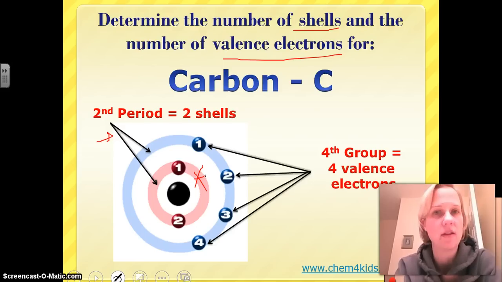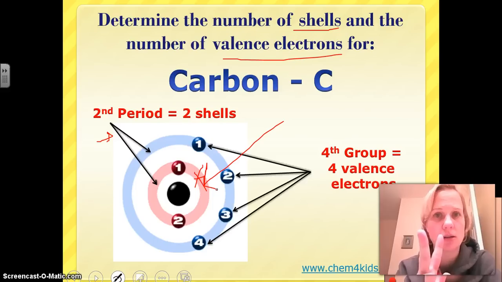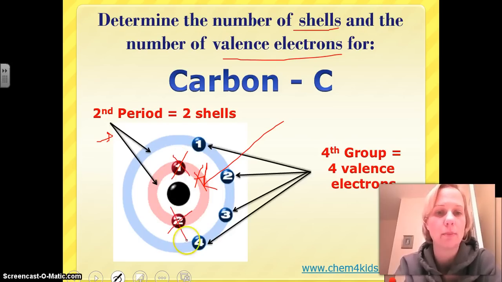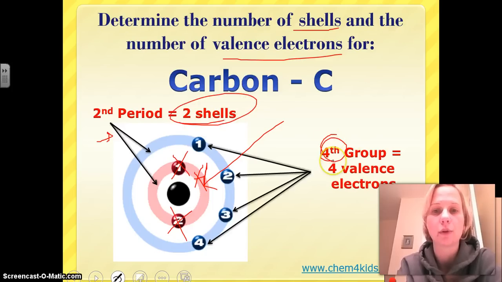It can't hold any more than that. We'll go over that rule in class, but this first circle can only hold 2 electrons. Because this has 2 circles, I know my inner circle has got to be full. It's got to have 2 of them. Boom, boom. So my second circle, being in group 4, has 4 electrons.